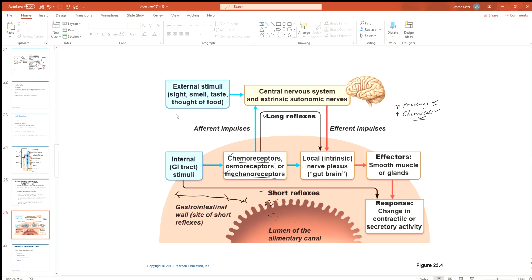Okay, and then the signal from the receptors can stay in the wall of the stomach or GI tract, and the nerve can take the signal from the receptors to the smooth muscle in the wall of the stomach, and the glands. So you have both in the wall. So you have the smooth muscle and you have the glands.